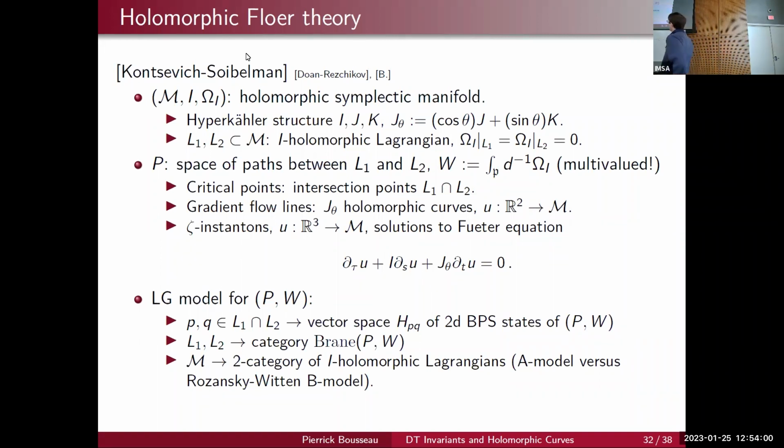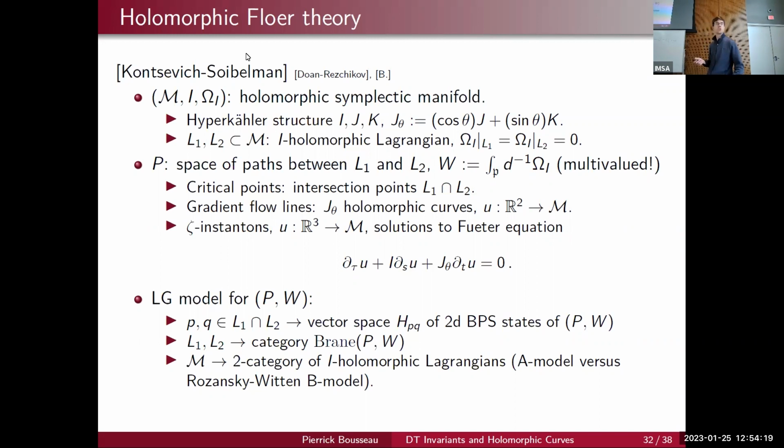holomorphic Lagrangian manifolds L1 and L2 inside it, you can consider the space of paths between the two. On this space of paths, which is an infinite dimensional manifold, you can construct a holomorphic function W, essentially by integrating the holomorphic symplectic form.